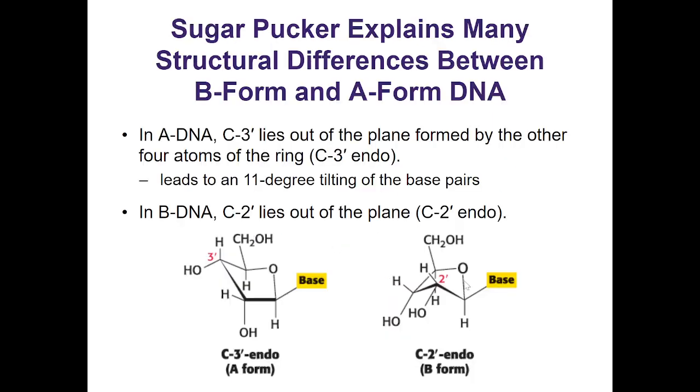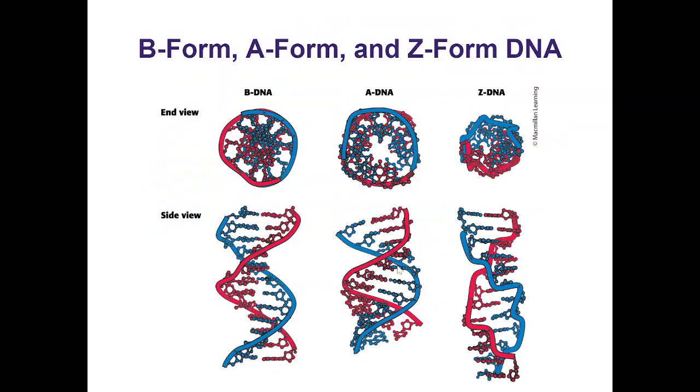So in the B DNA, you'll have the C2 lying out of the plane. It's a C2 endo form. Or another way of stating that would be the C2 envelope. This is going to give you your B form, which is that one right there.